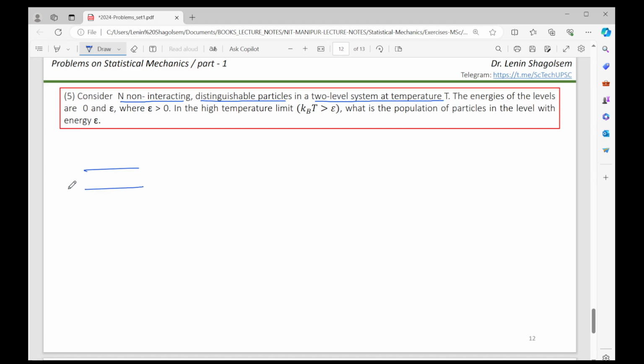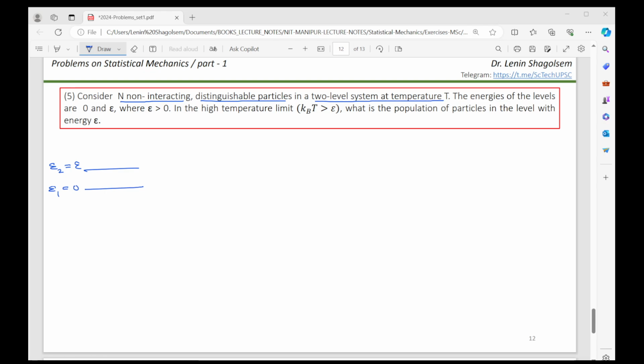So we have 0 and the second level is having energy epsilon. Okay, this is epsilon, and the energies of the levels are epsilon and 0.